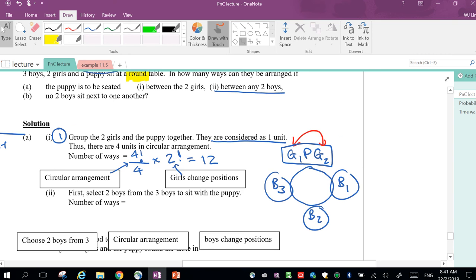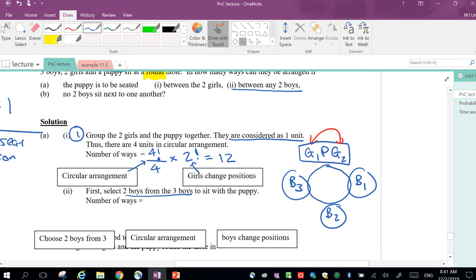I need to select the 2 boys from the 3 boys first because there are more boys than needed. Pick 2, so 3 choose 2. So I have 2 boys with me now. Then the puppy, I put them in between. Clear about that?